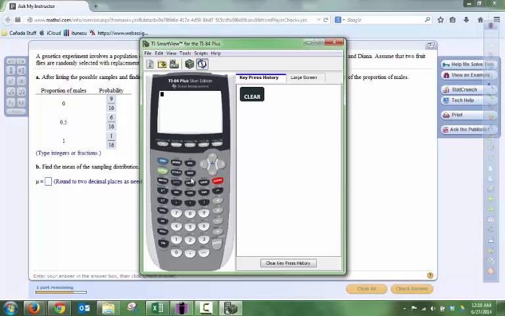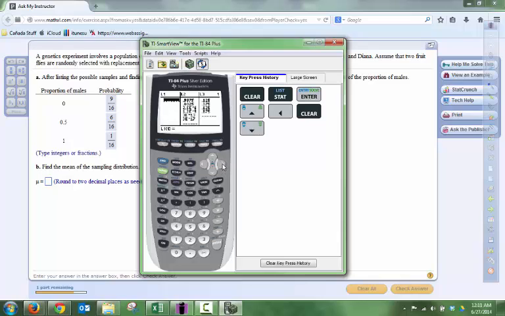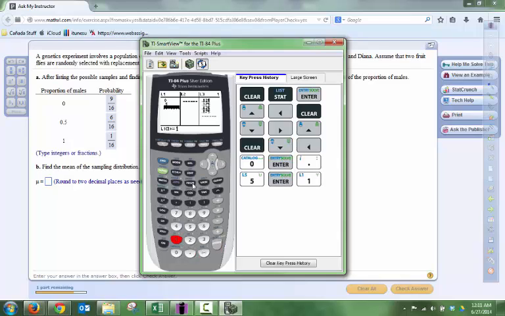So I want to put this in my table. Let's go to Stat, Enter, and it looks like I might need to clear my table. So I'll have 0, 0.5, and 1.